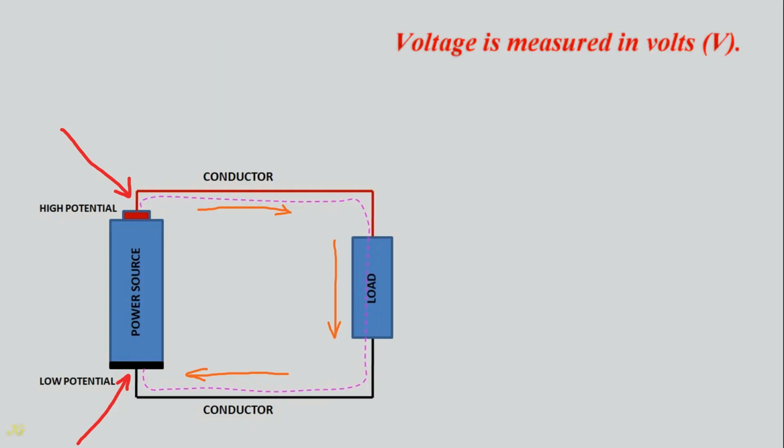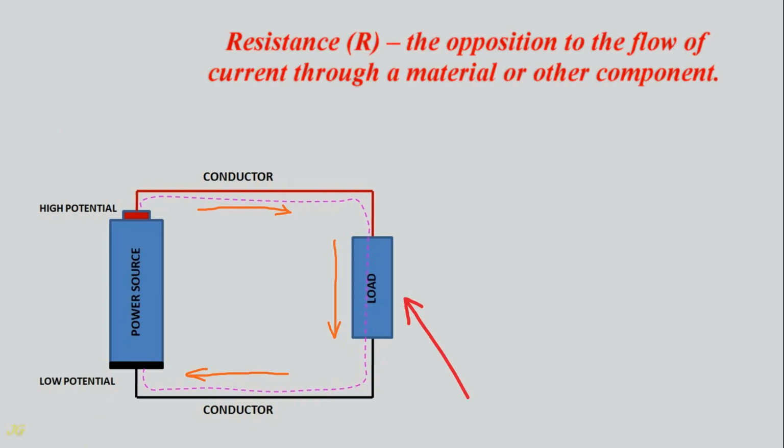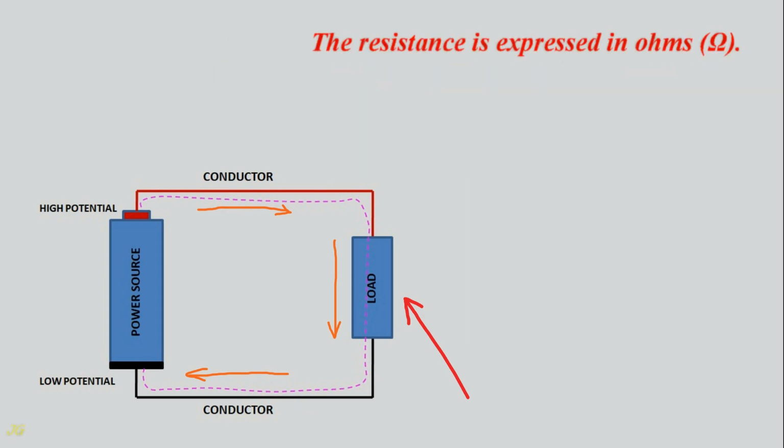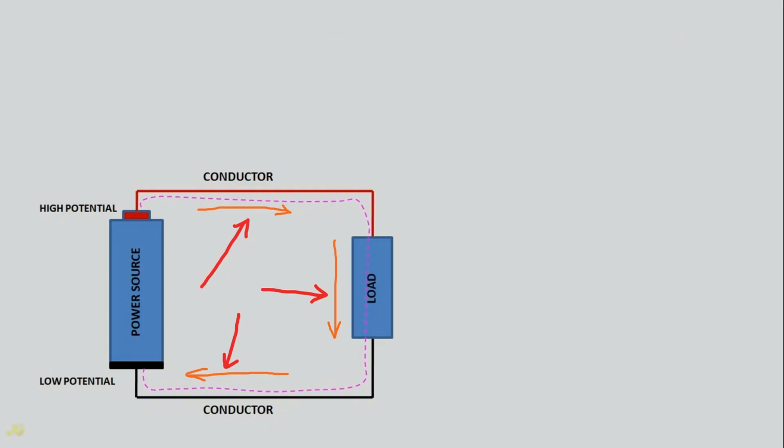Voltage is measured in volts, V. Resistance, R, the opposition to the flow of current through a material or other component. Resistance is expressed in ohms, omega. Power, P, the amount of work done by electricity, consumed or delivered in the circuit. Power is measured in watts, W.